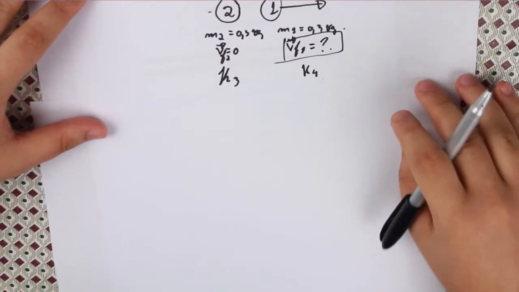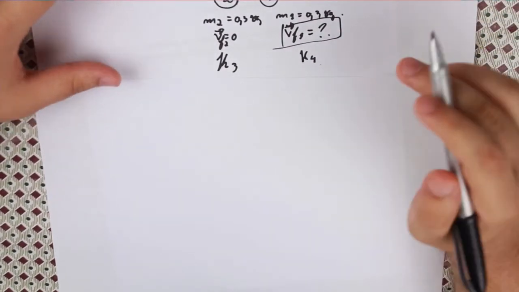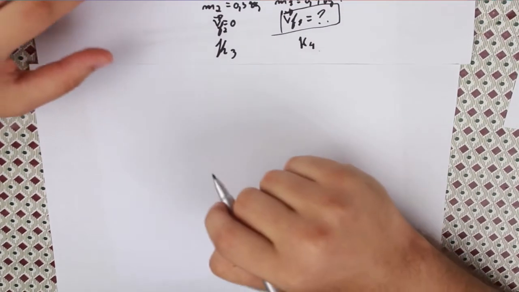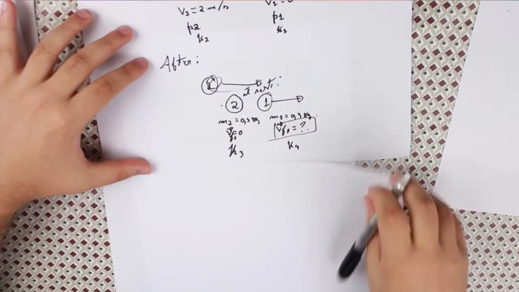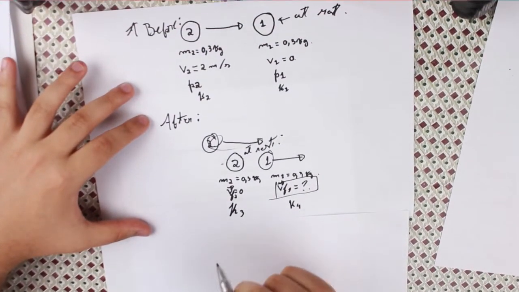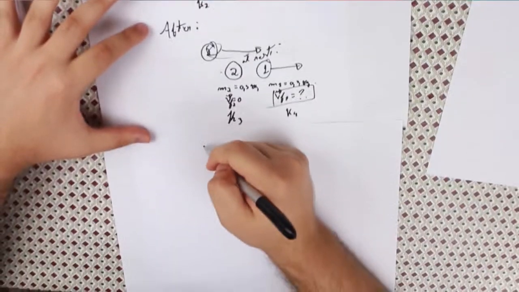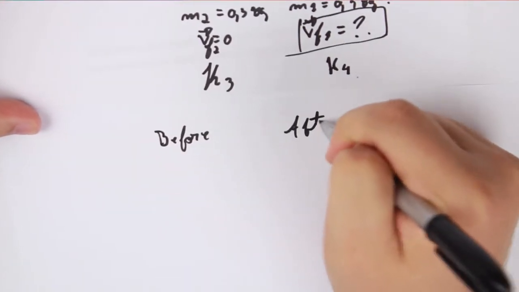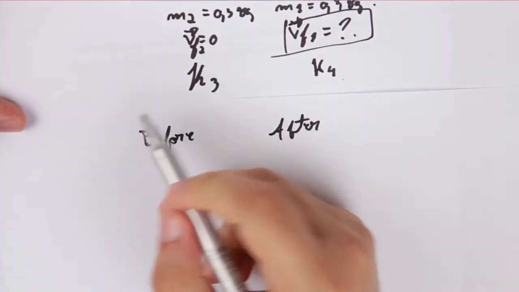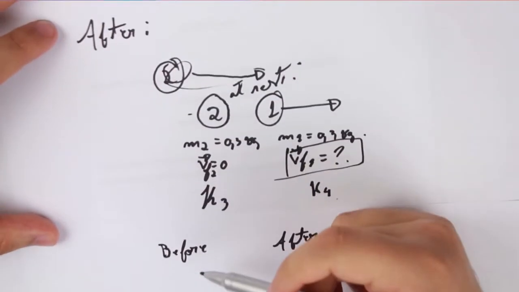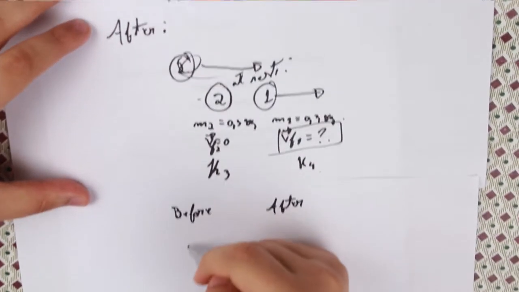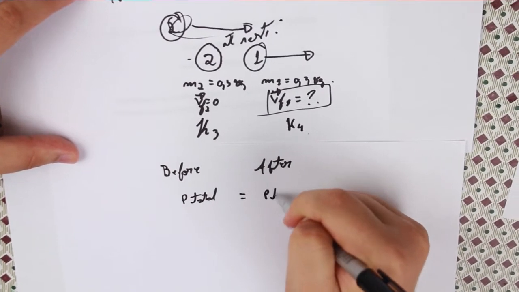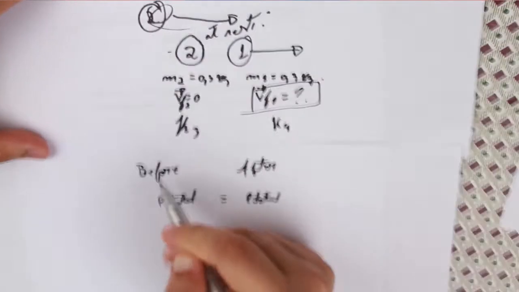Right. As the definition said, the momentum and the kinetic energy are both conserved. So let's put it in an equation. Before and after. So the total momentum before the collision equals the total momentum after the collision.